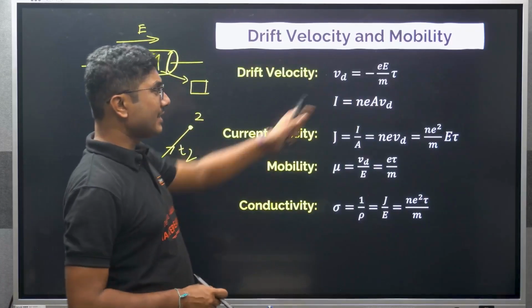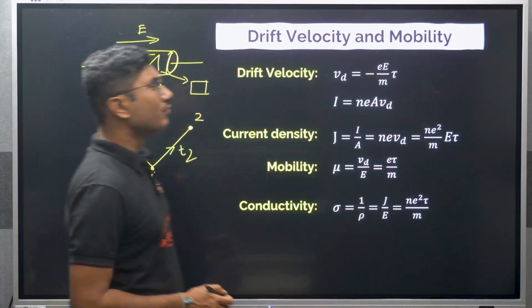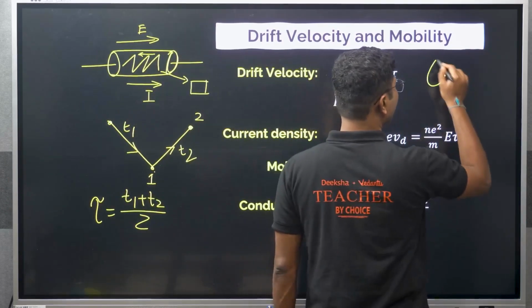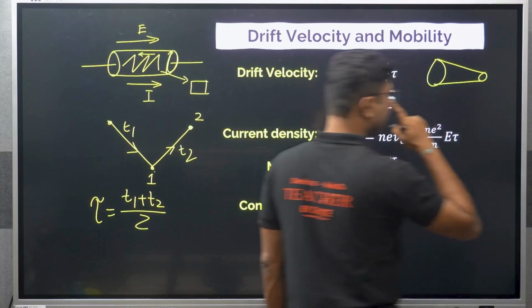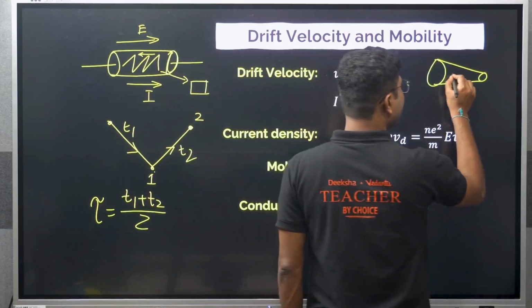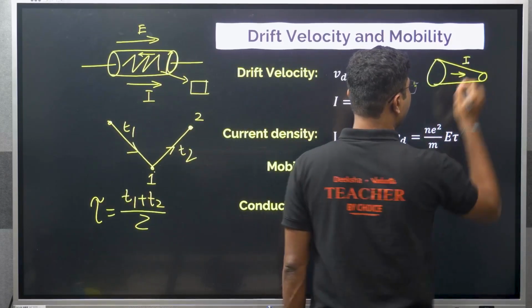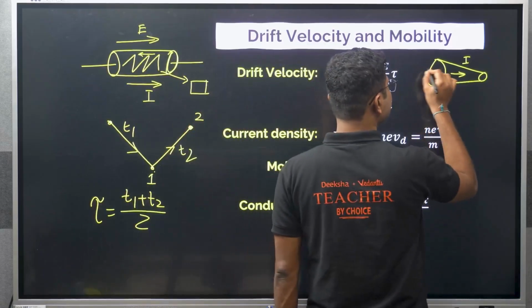Now from this relation, one more thing I want to tell you: the current, when it starts to flow, remains constant even if you change the cross-sectional area. Even if you change the cross-sectional area, the current in the circuit will remain the same, but the drift velocity will change.